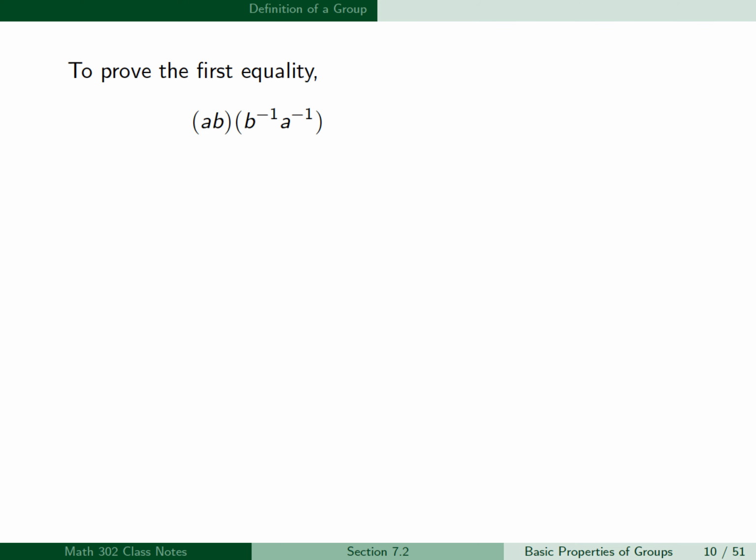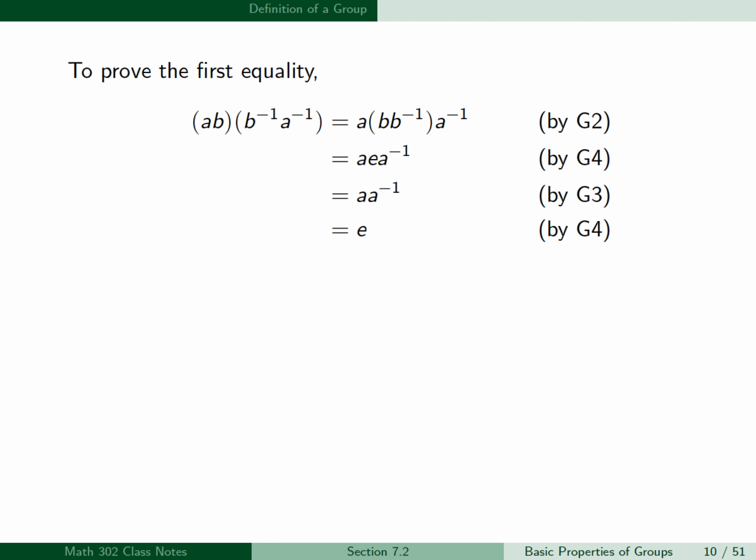To prove the first equality, let's start with the left side. AB quantity times B inverse A inverse quantity. And this is going to be A times the quantity B, B inverse, times A inverse. That's by G2, the associative law. And the B, B inverse is just the identity. That's by G4, basically the definition of the inverse element to A. And A times E is just going to be A. That's our axiom G3.